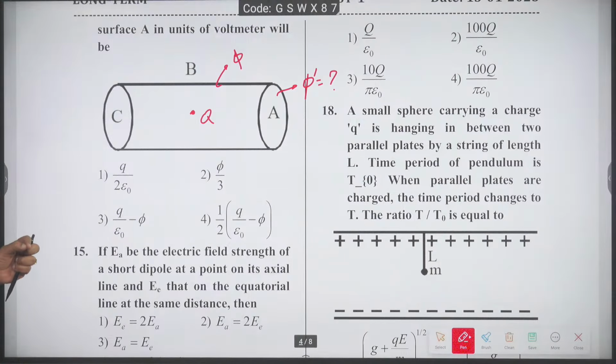Charge q is inside. Flux through the curved surface is phi. They're asking what is the flux through plane surface A. Fourth option, good.